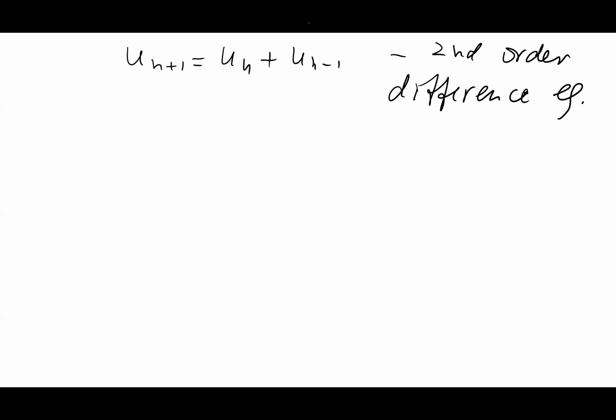Now, our problem is to find u_n as some kind of function, I don't know how to put it, let's say f of u_0 and u_1. So this would be the analytic solution.